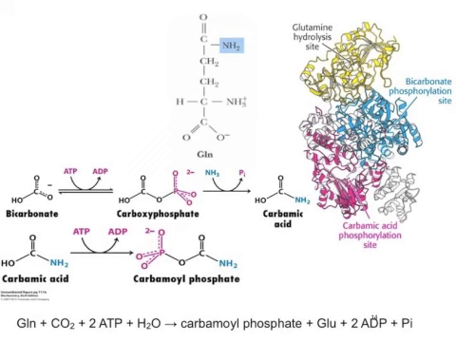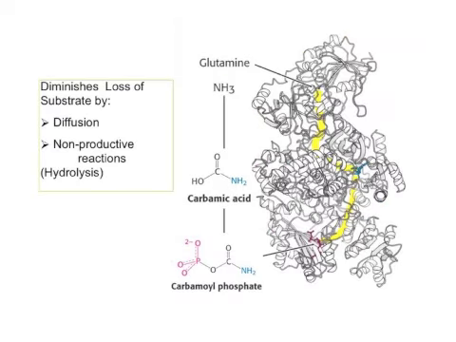Now if you look at the enzyme here, it looks similar to the one that we saw in the urea cycle, but there's a glutamine hydrolysis site at the top, there's a bicarbonate phosphorylation site just below it, and then there's a carbamic acid phosphorylation site below that. And so again, this enzyme works by channeling, and this diminishes the loss of substrate by diffusion, and it also helps to prevent non-productive reactions, such as the hydrolysis of ATP, which would be a waste.